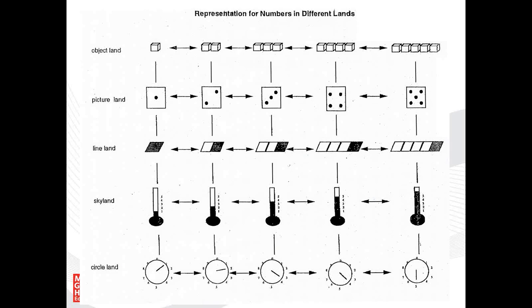Number can be represented as a group of 5 objects, or as a set of dots, or as a position, in this case the 5th position on a line or a path, or as position on a scale measure like a thermometer or a bar graph, or as a position on a dial such as a clock or a sundial.